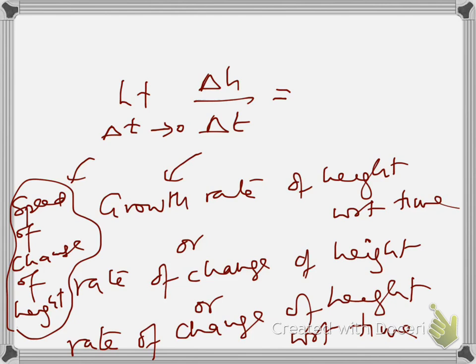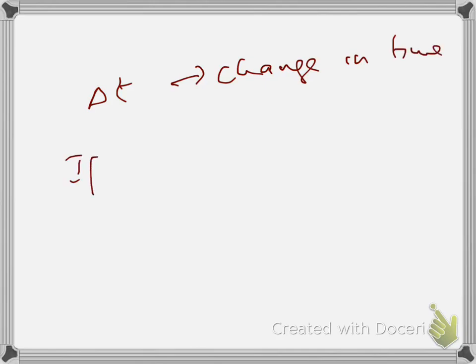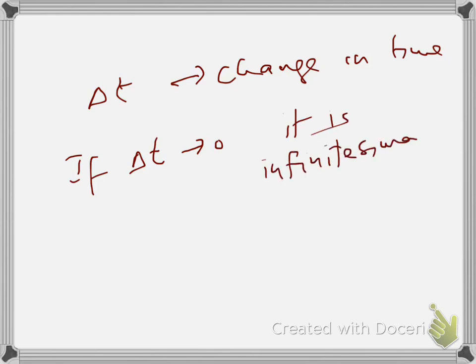Okay, so I will write in the next page, delta T, this is simply change in time. If delta T tends to 0, it is infinitesimal, meaning infinitely small, very small, tending to 0.